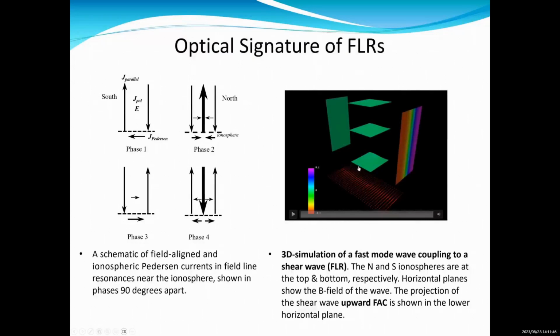This is the equatorial plane. This is halfway to the ionosphere, and this is at or near the ionosphere. What's projected on this plane is the pattern of upward field line current. There's a compressional wave exciting the field line resonance, and so this direction would be x across the field line.